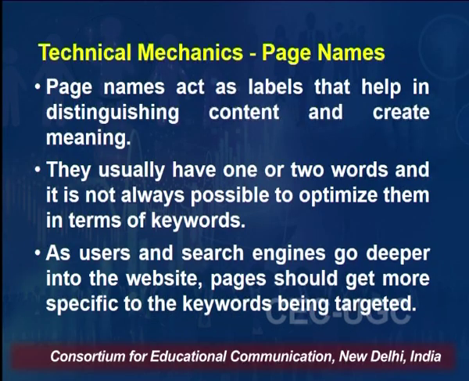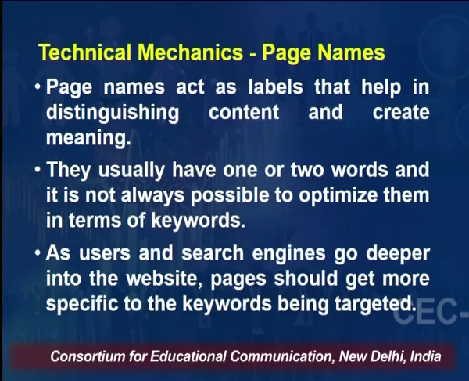Now the technical mechanics relates to the page names. Now what are the page names? They act as codes or labels that help in distinguishing the content and create meaning. Usually you have one or two words, and it is not always possible to optimize them in terms of keywords, because keywords are different and page names are different.